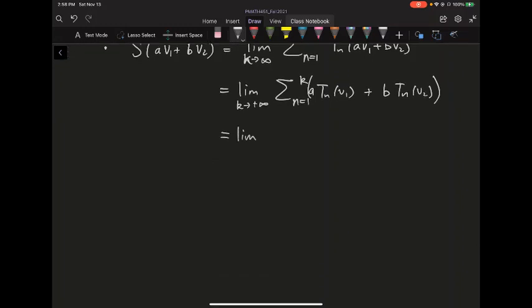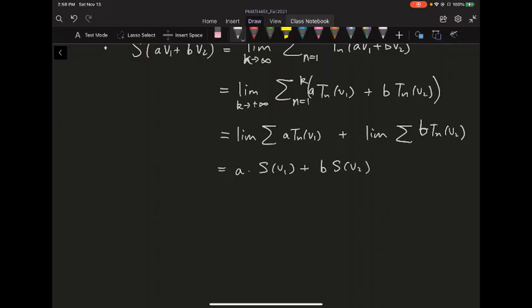I can take the limit of the summation of Tn of V1 first, and the limit of the summation of Tn of V2. Then, by definition, you can move the A and B outside as well. So this is just A times S of V1 plus B times S of V2. That's fairly clear.